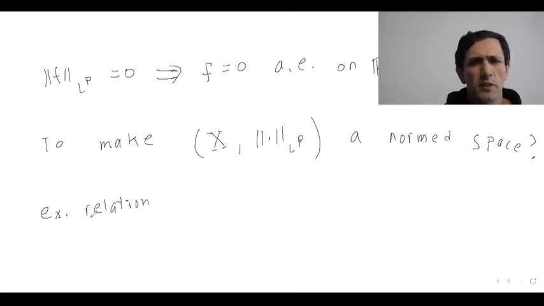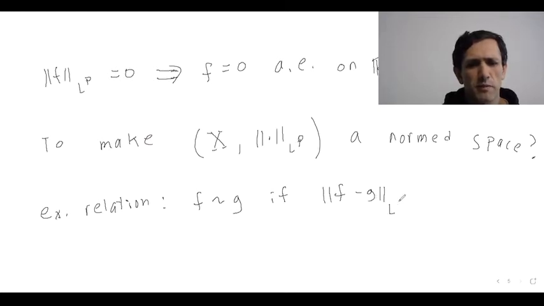So this is equivalence here. We define an equivalence relation as follows. We say F is equivalent to G, and I'm going to write it like this because for any normed space we can basically do this. So in 510A, you said F is equivalent to G if F equals G almost everywhere.